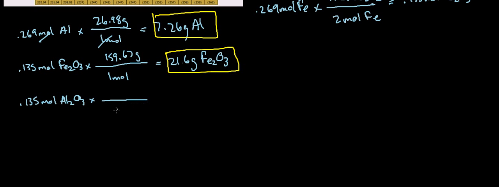And the molar mass of aluminum oxide is 101.93 grams for 1 mole, and this was equal to 13.8 grams.